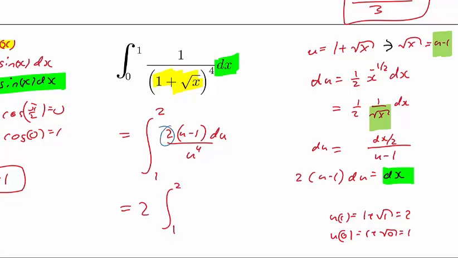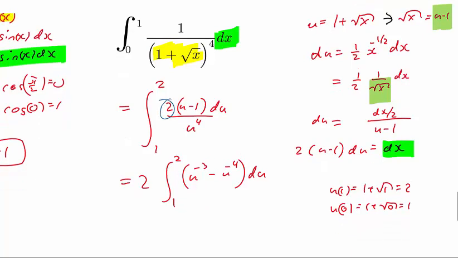And then we're going to go ahead and distribute this u to both terms so that we have u to the negative 3 minus u to the negative 4, and this is all du. U to the 1 minus 4 is negative 3, and then, of course, just 1 over u to the fourth is u to the negative fourth. All right, so all we have to do now is take the antiderivative of these two terms.